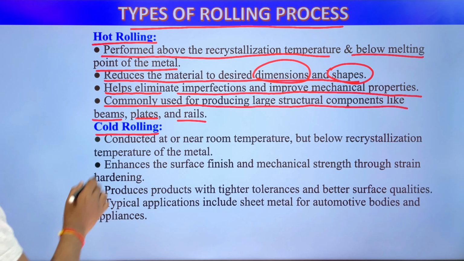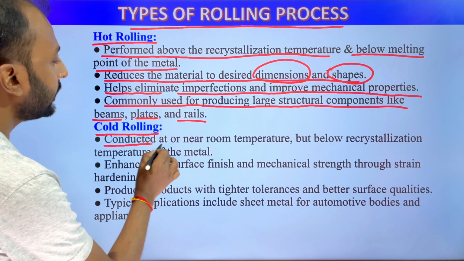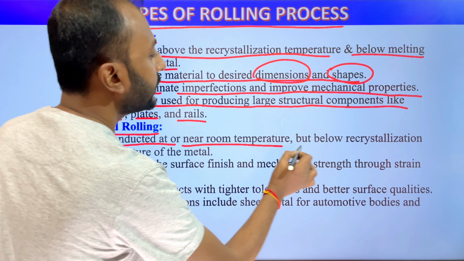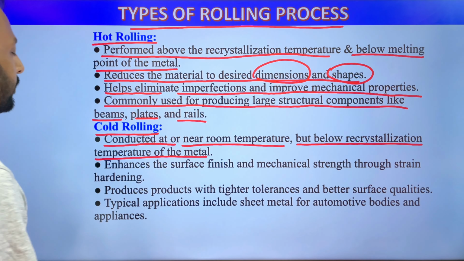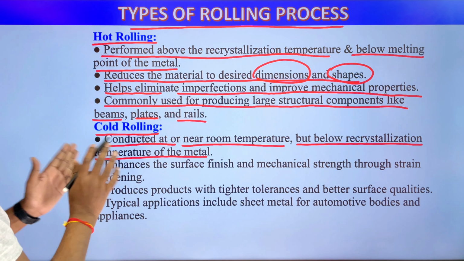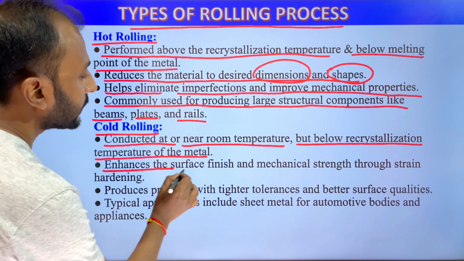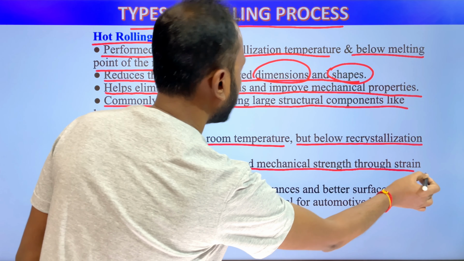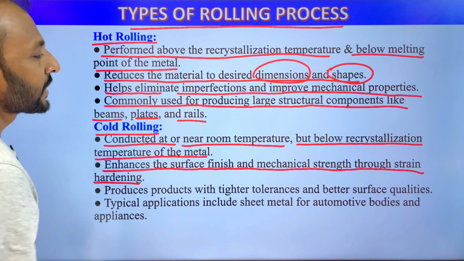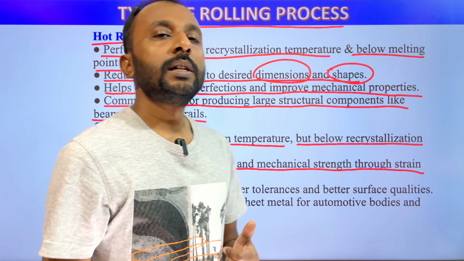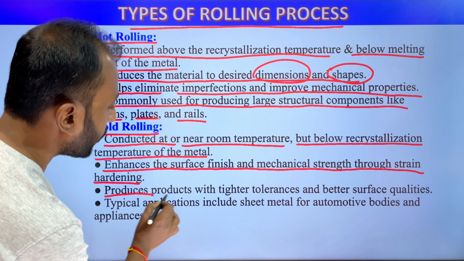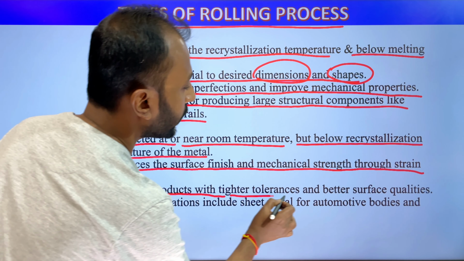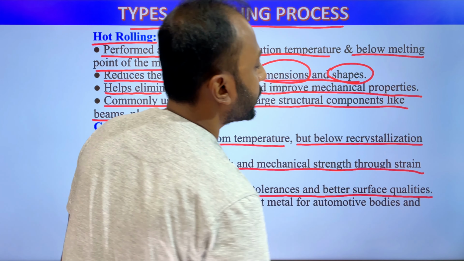Next is cold rolling. Cold rolling is conducted at or near room temperature but below the recrystallization temperature of the metal. Cold rolling enhances the surface finish and mechanical strength through strain hardening. It is like the properties of cold working. It produces products with tighter tolerances and better surface qualities.